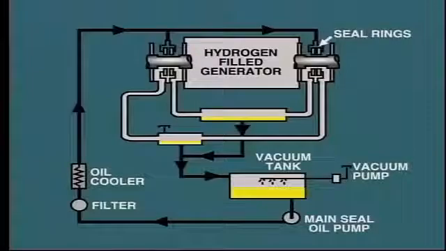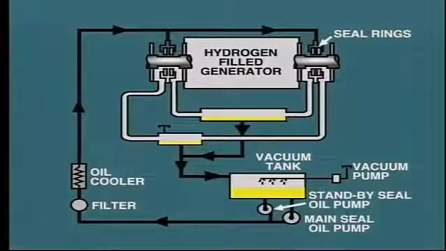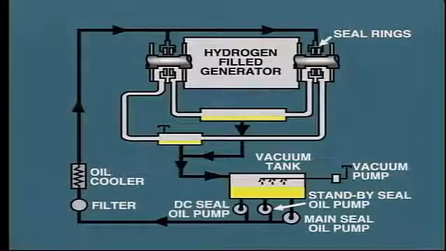A decrease in seal oil pressure will be alarmed, and the operator must take immediate action to rectify the situation. Usually, a standby seal oil pump is installed, and in addition to this, a DC emergency pump is provided in case of the loss of AC auxiliary power.